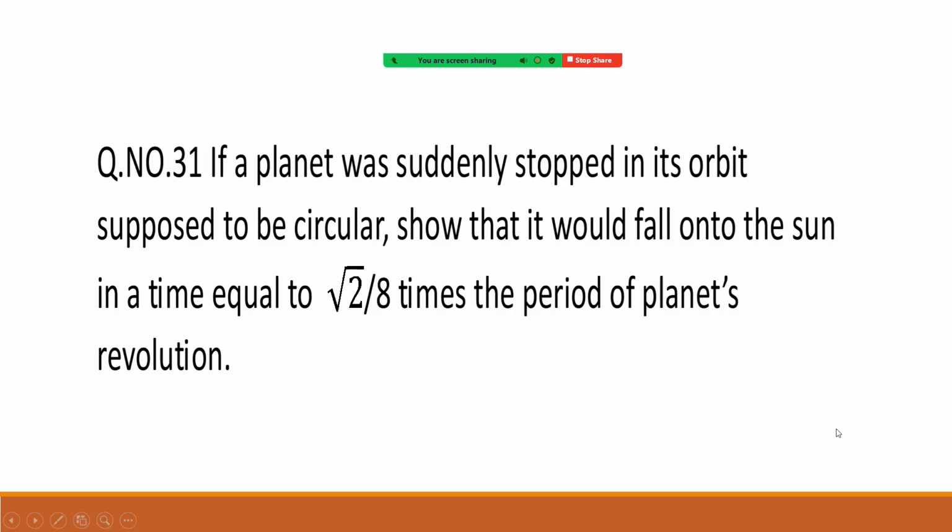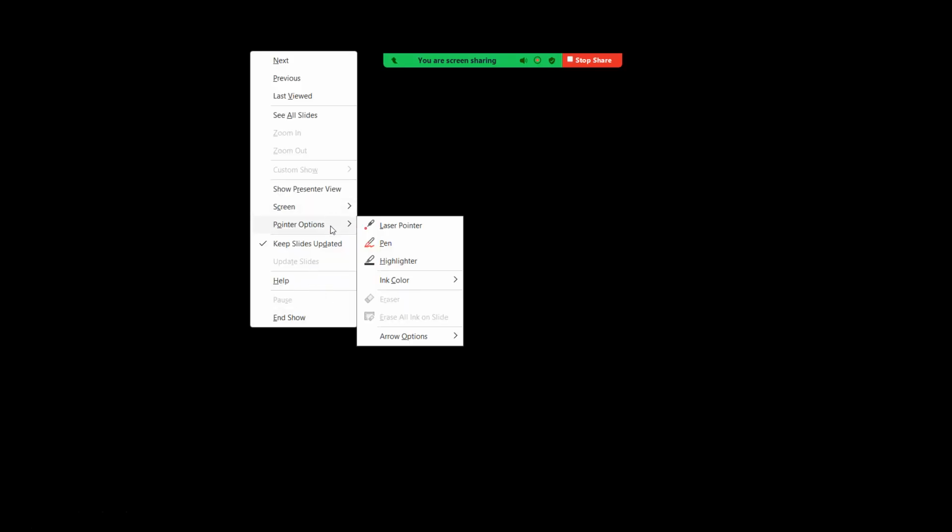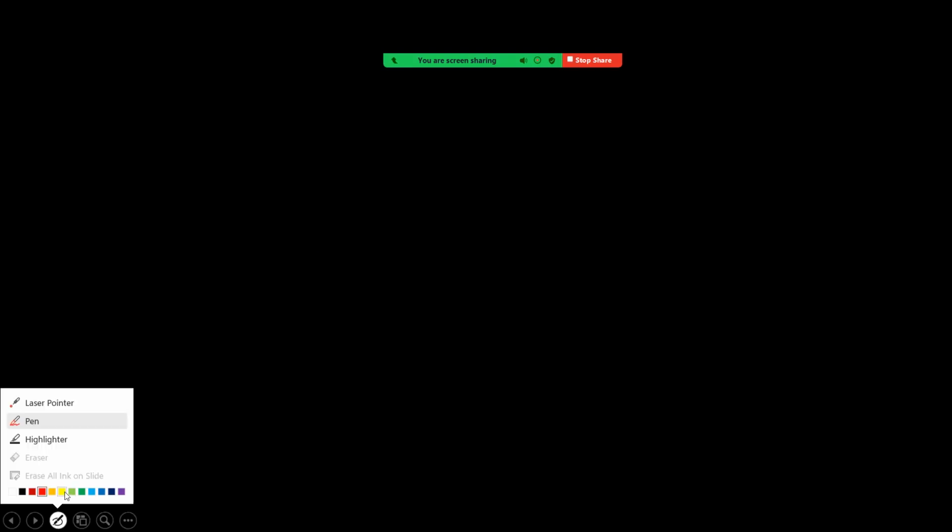So the path is circular, and it is stopped. So, time taken to fall on the sun. The condition given is that it is now following a circular path. Suppose this is the sun, following a circular path.